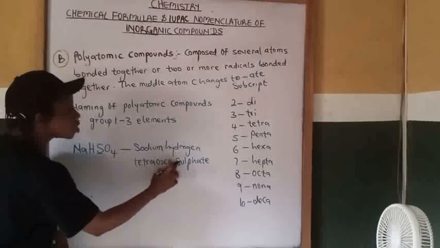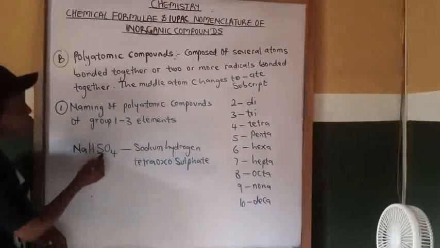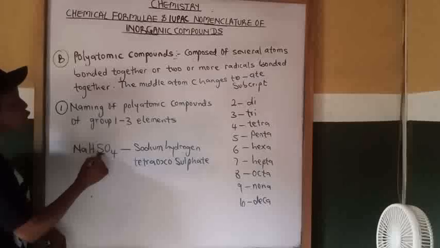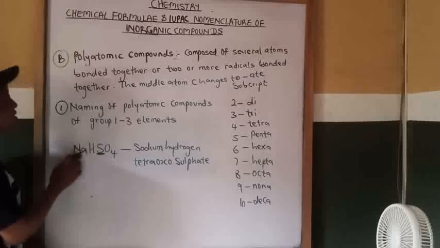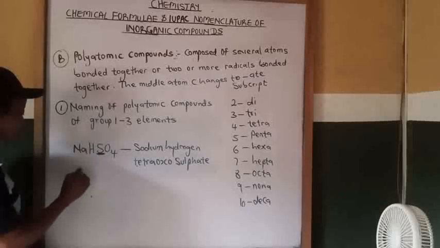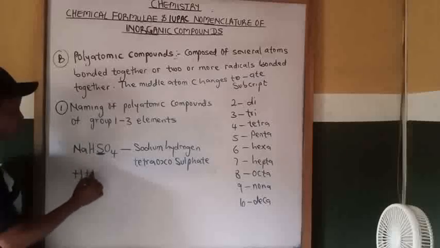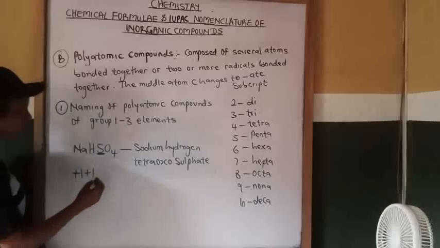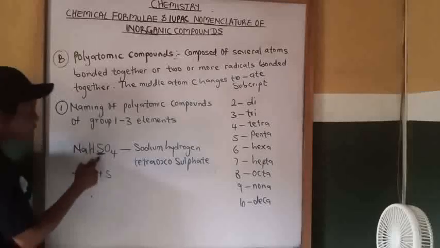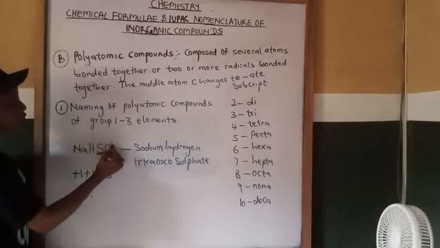So we have to calculate the oxidation number of sulfur. Then what is the charge on sodium? It is +1. Then the charge on hydrogen is +1 because hydrogen is in group 1. Then plus S that we are looking for. Then the charge on oxygen is -2.